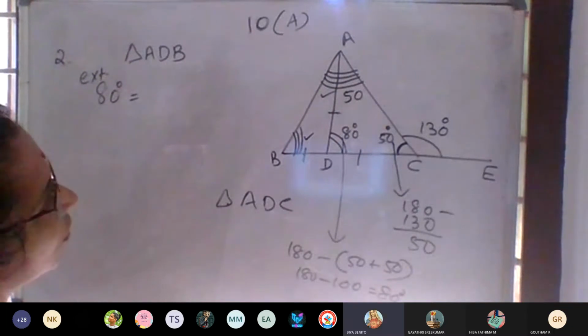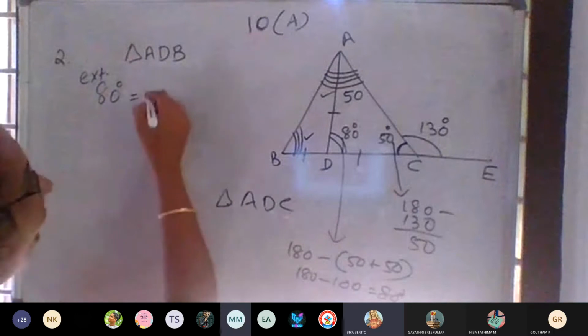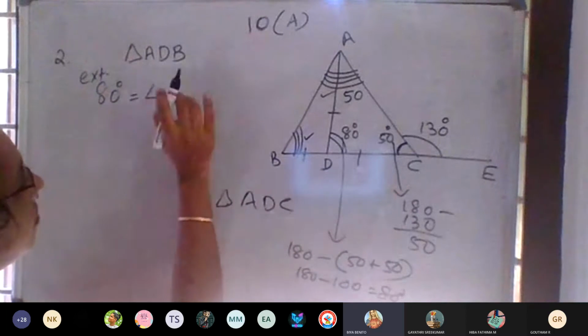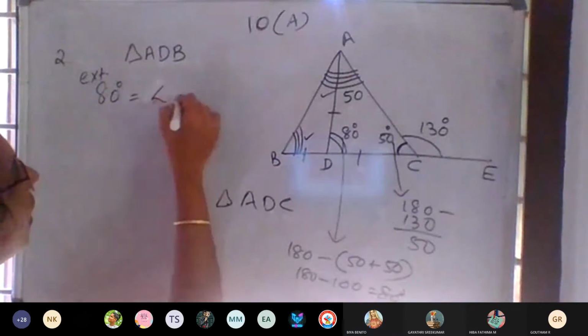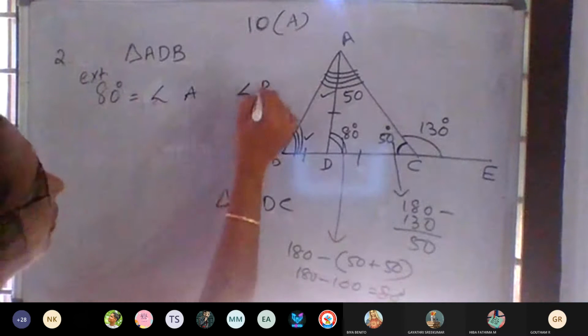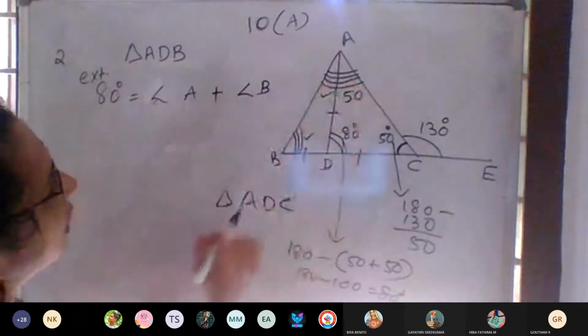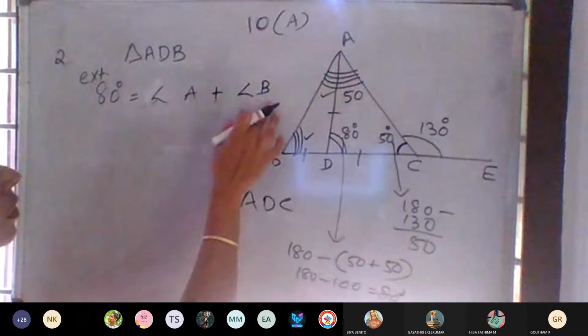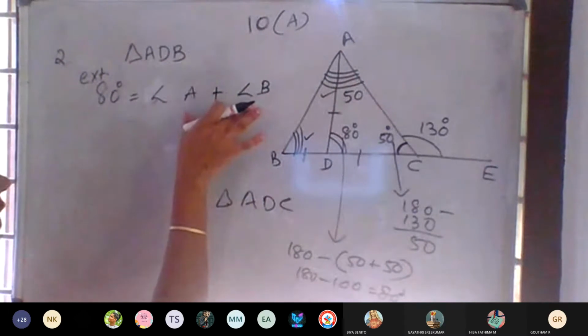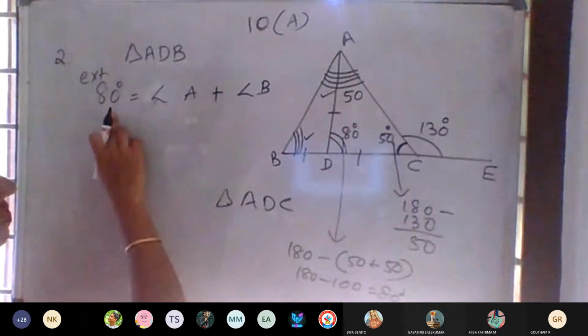Yes or no? Yes, ma'am. So simply I will write it as angle A and angle B. That is, if you are considering triangle ADB, these two. Sum of angle A and angle B is what? 80 degree, exterior angle.